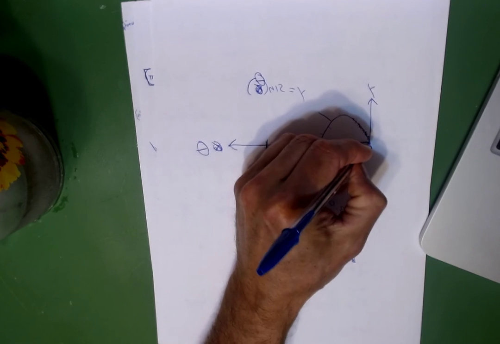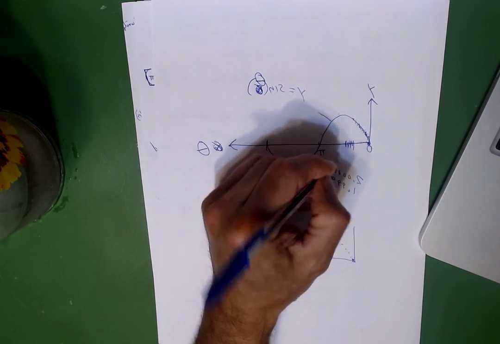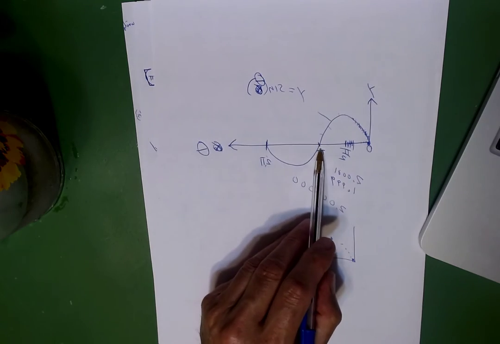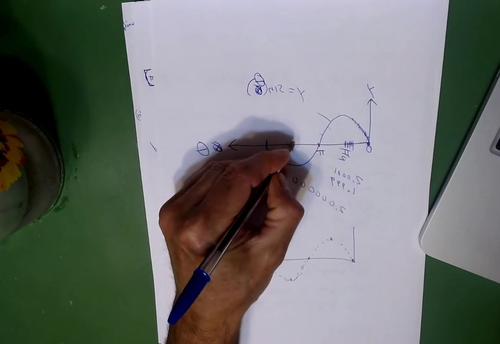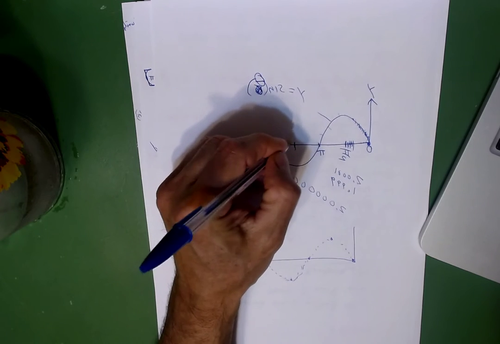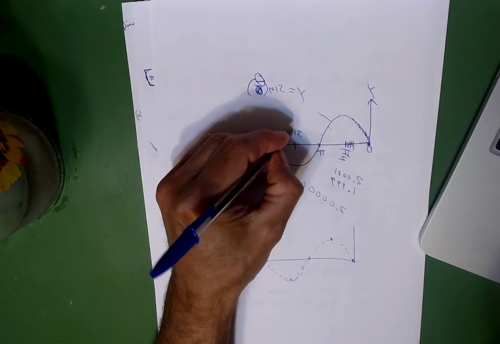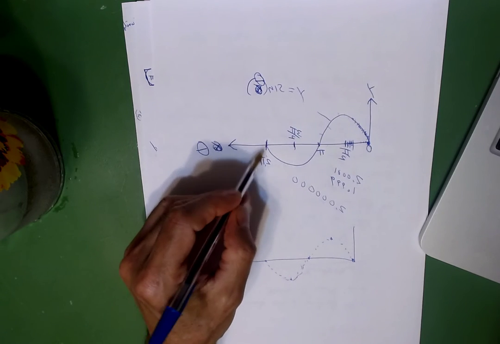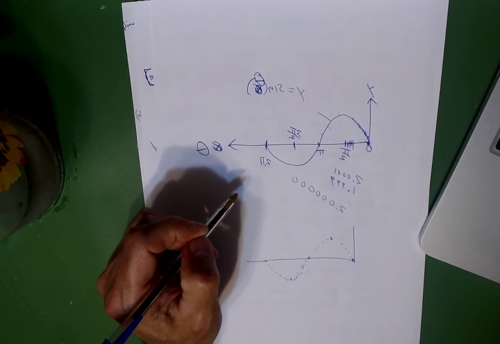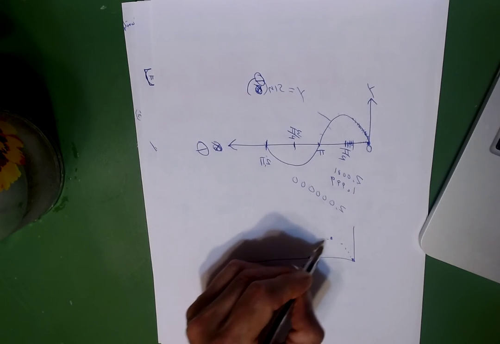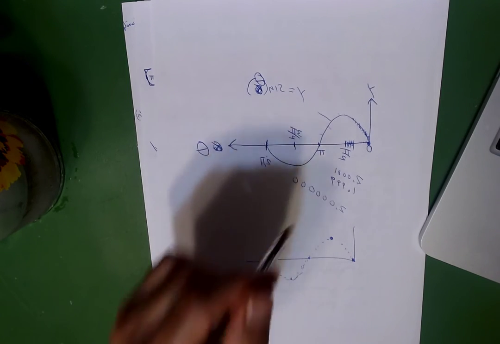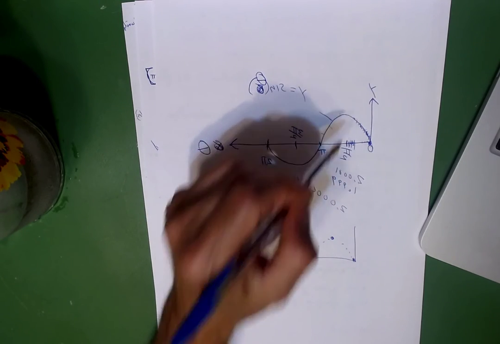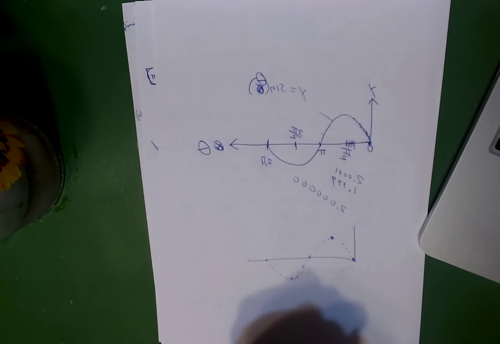So they would graph the 0 point, find the y value for pi over 2, for pi, for 3 pi over 2, and then for 2 pi, okay? But again, that gives you just single points here. And if you don't already know that this function has this curvature, you don't really know how to draw that.